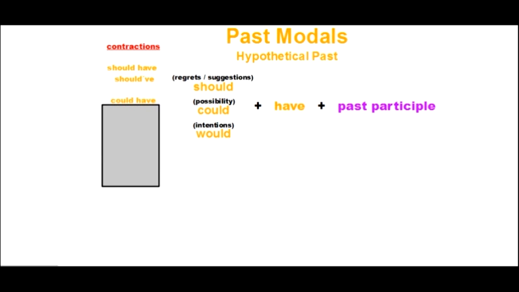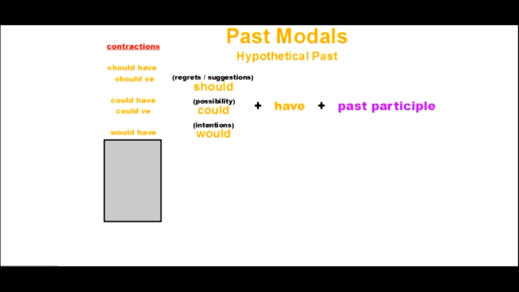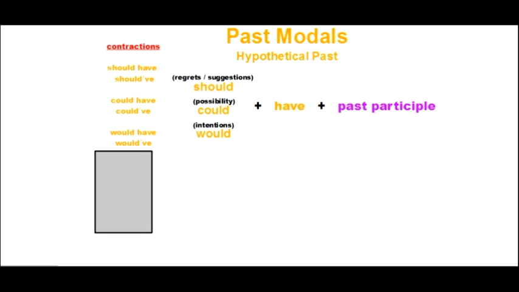And we can make the contraction with could and have, to make could have. Again, repeat with me. Could have. Right. And again, we can make a contraction with would and have, and it sounds like this. Would have. Would have. Good. So those are the contractions that we can make with our modal and our auxiliary verb.